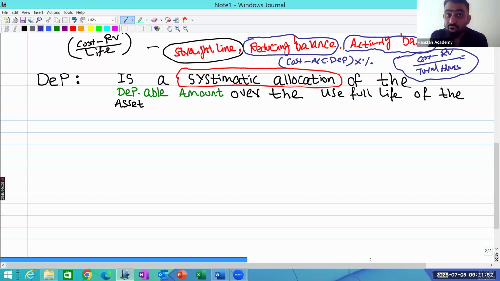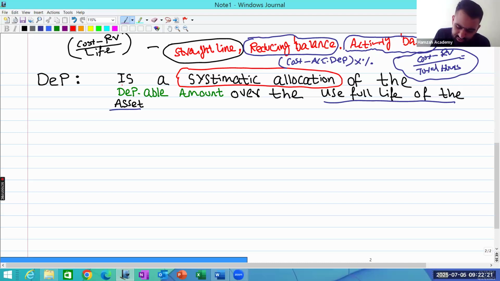If we are talking about engines, like jet engines, the flying hours basis would be the appropriate depreciation method. So depreciation is the systematic allocation of the depreciable amount over the useful life of the asset.